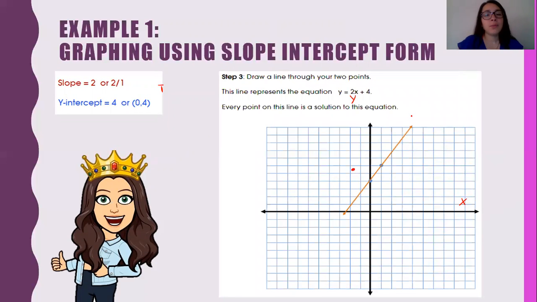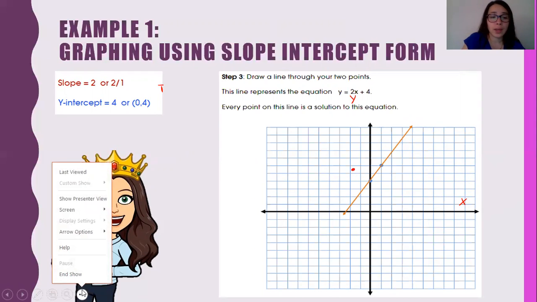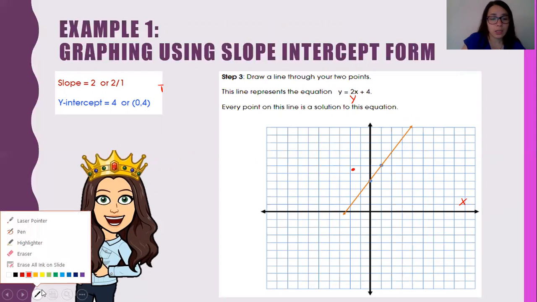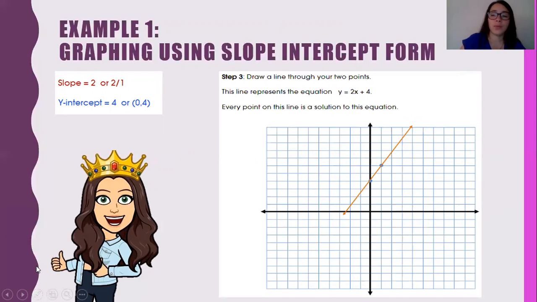Now my third step, if I have a pencil and paper in front of me, would be to create a line. Let me go ahead and erase what I have. There you go. It would be to connect the two points that I plotted, and I don't just connect that little part, I make it go all the way through, extend it.